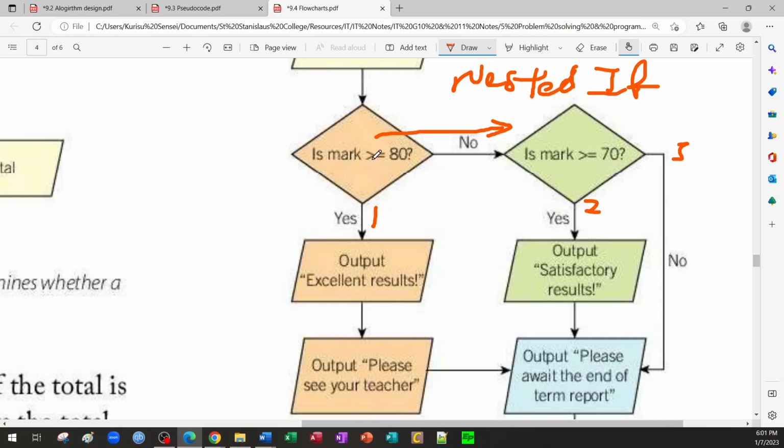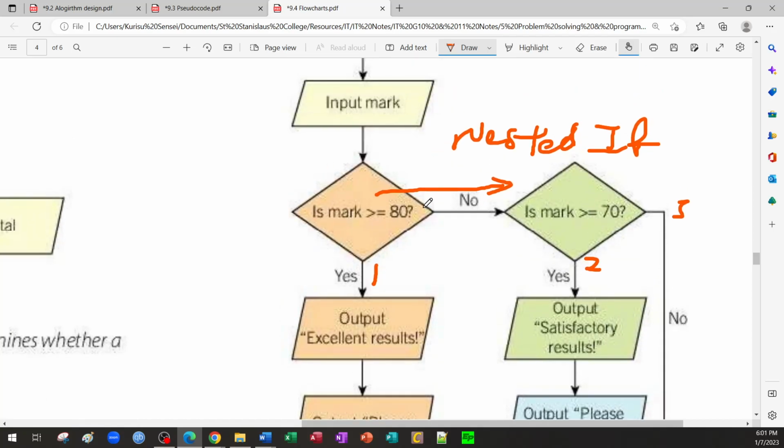If it's not greater than 80, is it greater than 70? And then we take different paths here once again. But notice, each one of them has 1 entry point, 1 input, and 2 exit points.